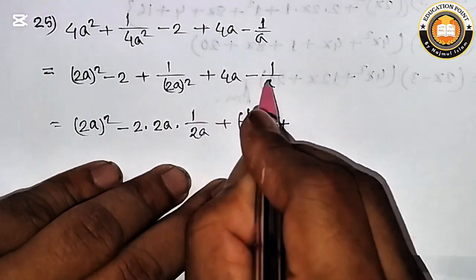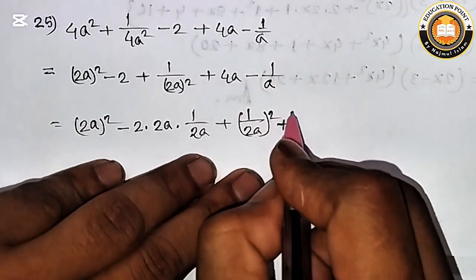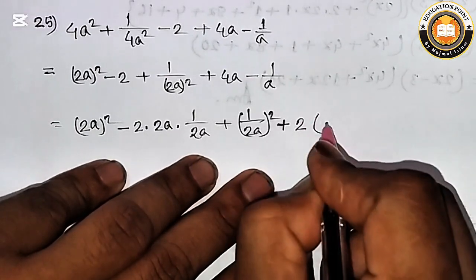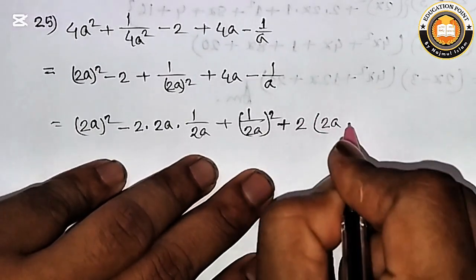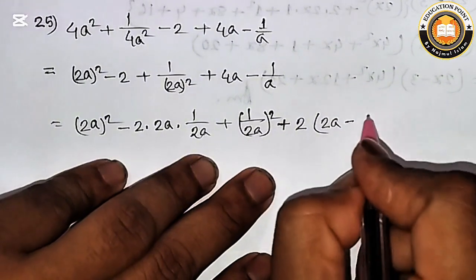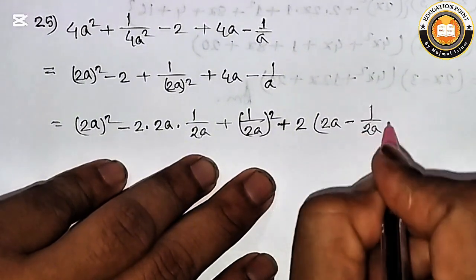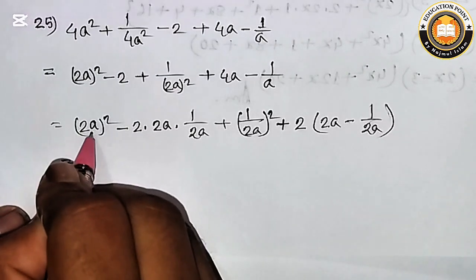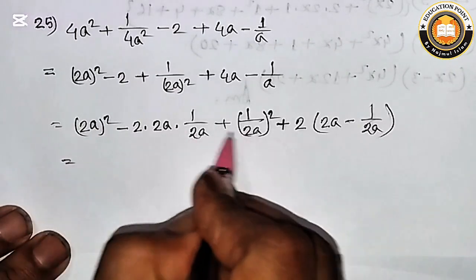Plus next two terms we can take 2 as a common value. After taking common value we can write 2a minus 1 by 2a. This is the formula of a minus b whole square.